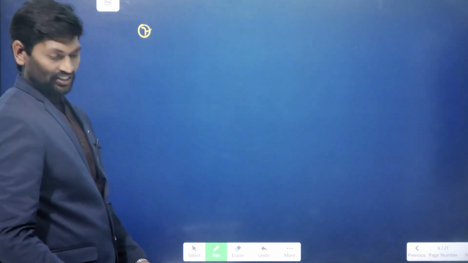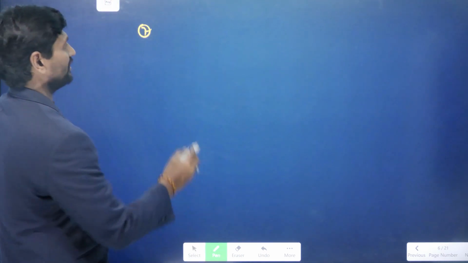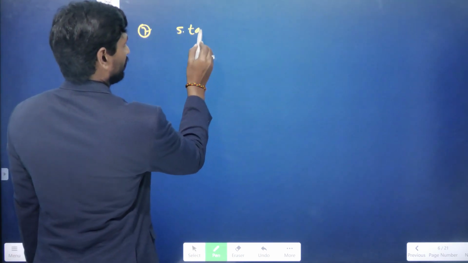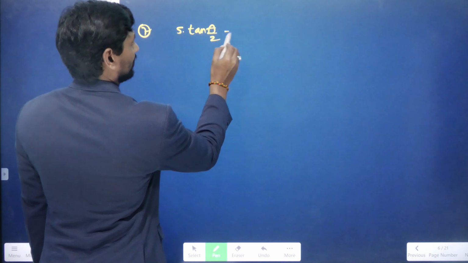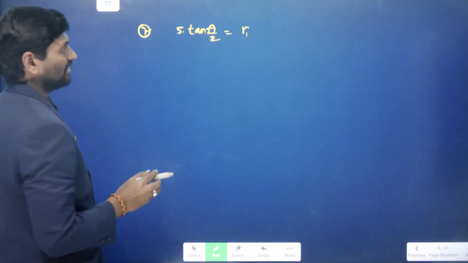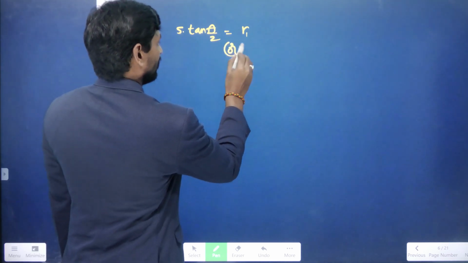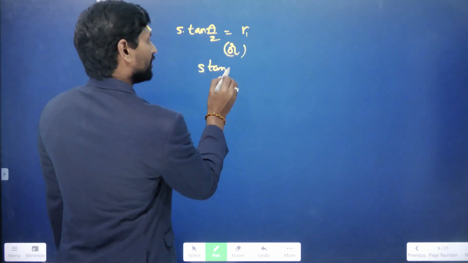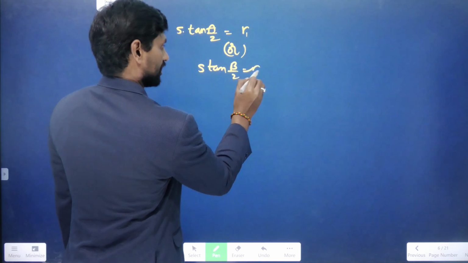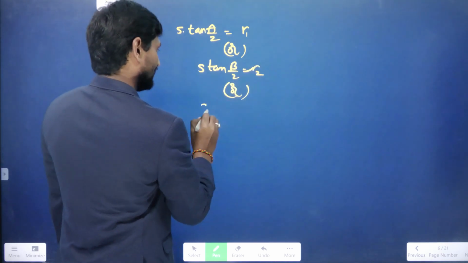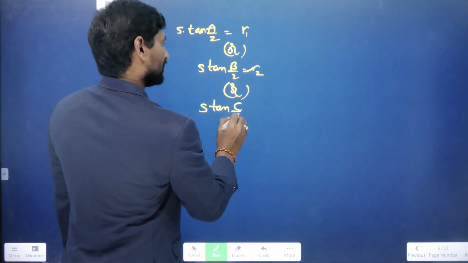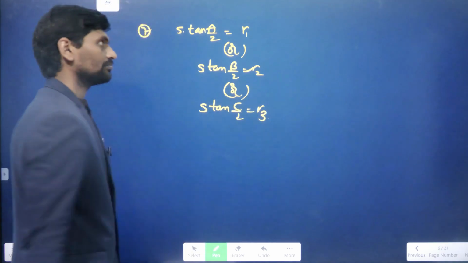The seventh one is s into tan A by 2. S into tan A by 2 is the formula for R1, or s into tan B by 2 is the formula for R2, or s into tan C by 2 is the formula for R3.